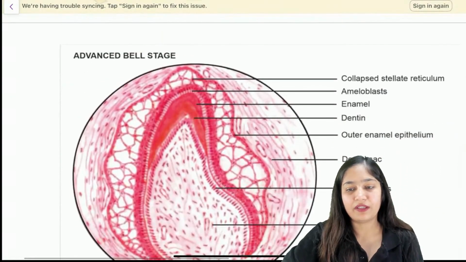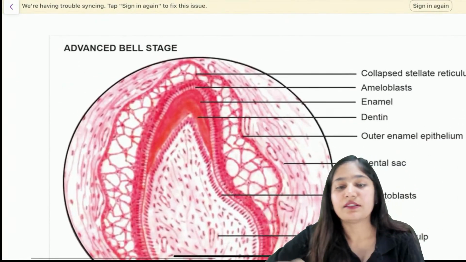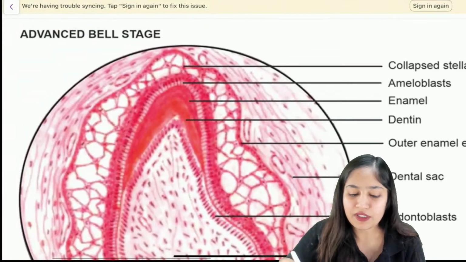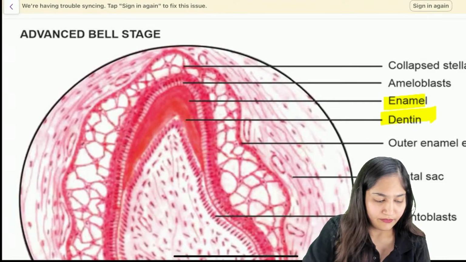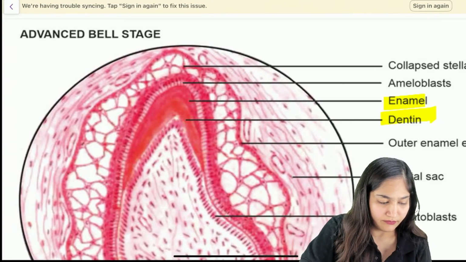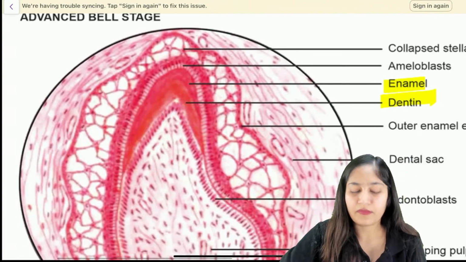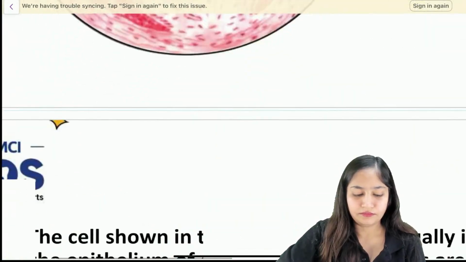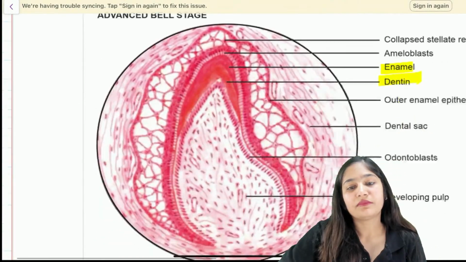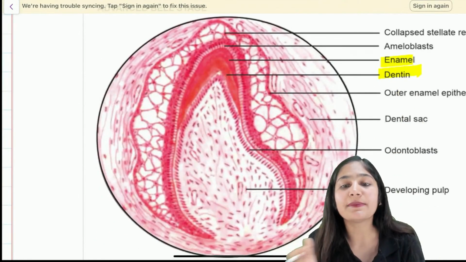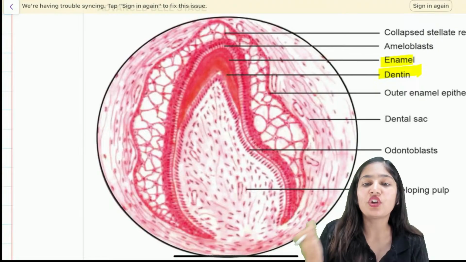Right. So in this also you can easily appreciate enamel and dentine formation. So in advanced bell stage, through reciprocal induction, we will have the formation of enamel and dentine.